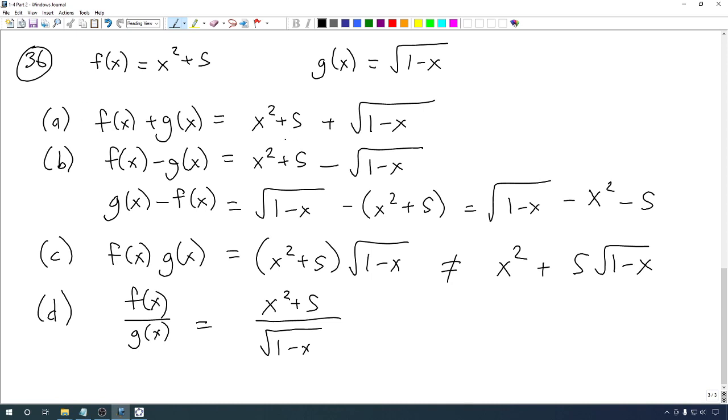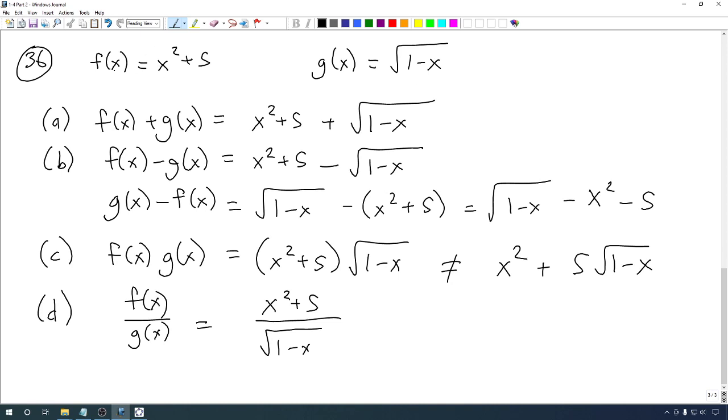For instance, for the sum, the difference, and the product, all these turn out to have the exact same domain as g did. All these will have domain x is greater than or equal to 1. Or, sorry, x is less than or equal to 1. Because we're doing 1 minus x, we need x to be smaller than 1, or else we'll get a negative. So A, B, and C all have the same domain as g does.